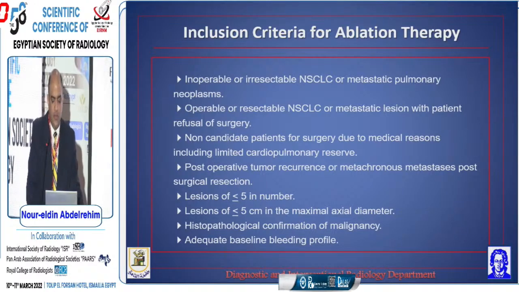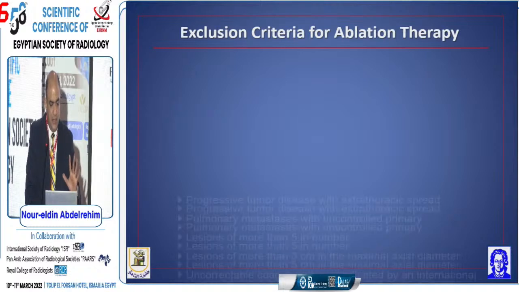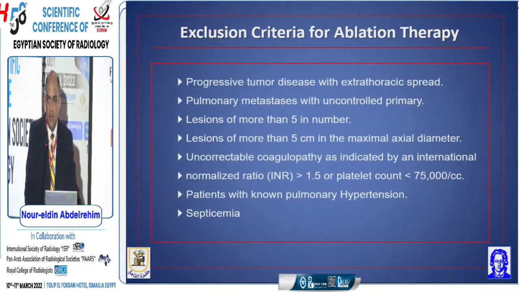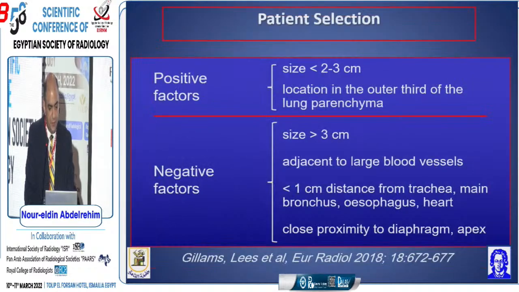Histopathology is needed for confirmation of malignancy, so as not to ablate a benign lesion. Exclusion criteria include progressive tumor disease or non-controllable primary, or lesions exceeding 5 in number or 5 centimeters in axial diameter, or an uncontrolled or uncorrectable coagulation profile.